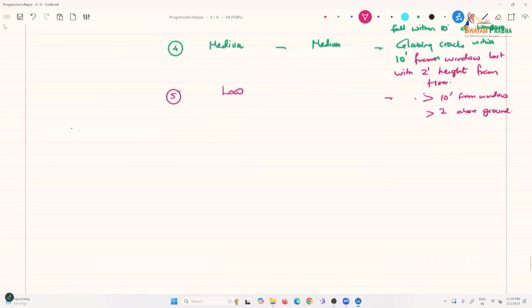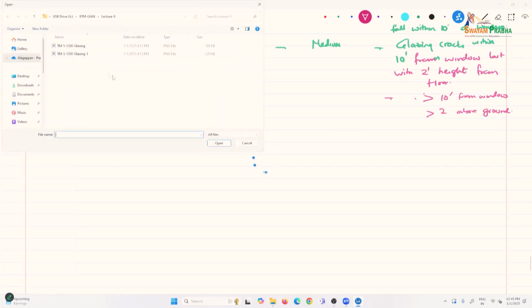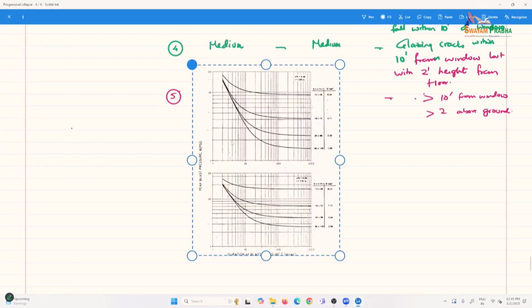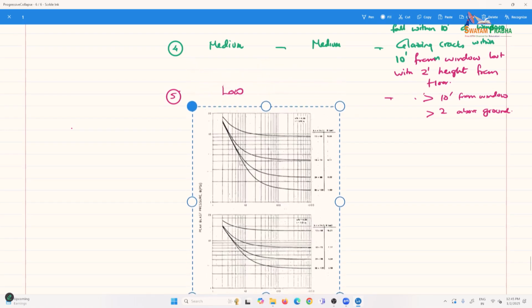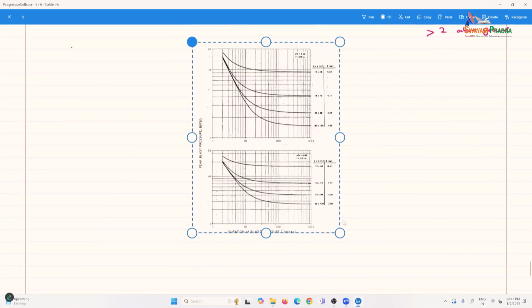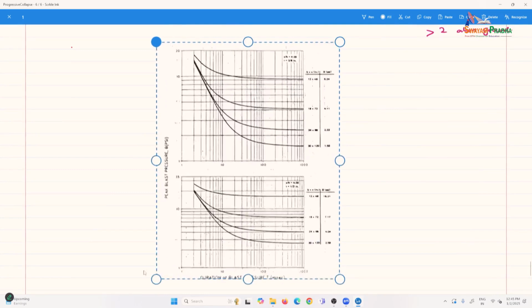So if I were to import an image, yeah. It's an old document.